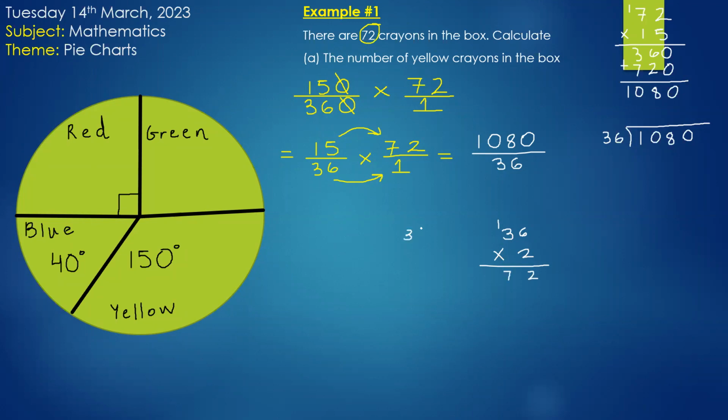So let's try 36 times 3. 3 times 6 is 18. And 3 times 3 is 9, plus 1 is 10. So it's going to be 108. So 36 times 3 gives us 108.